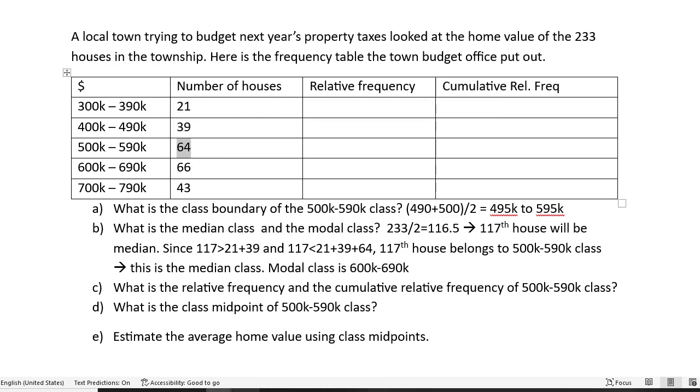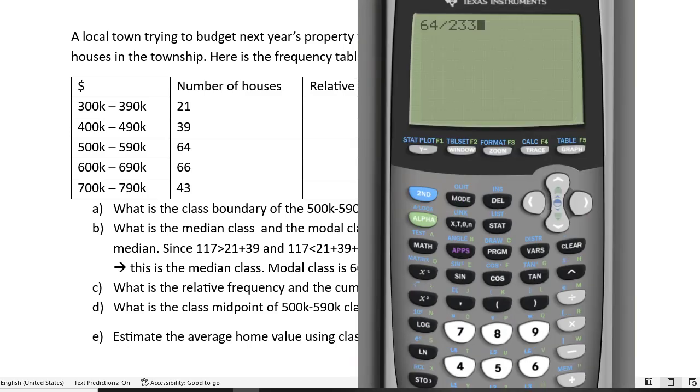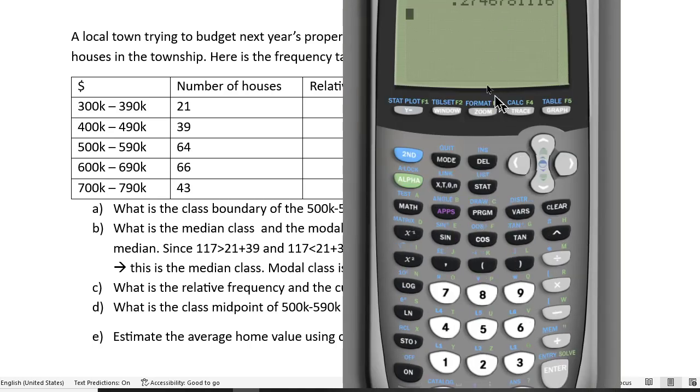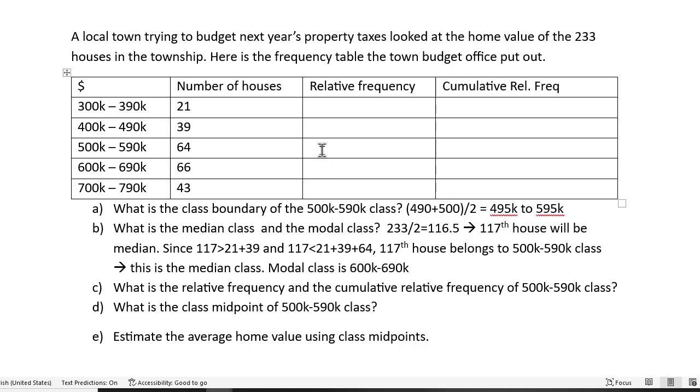So what you have to do is divide 64 by 233. So I do this, and that value is going to give me 0.27. If I round to the nearest thousandth, it will be 0.275, which in terms of percentages is 27.5%.